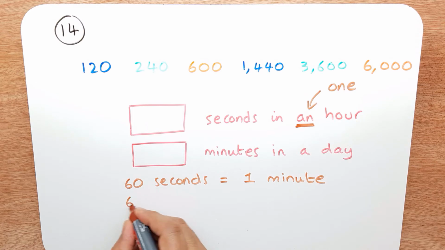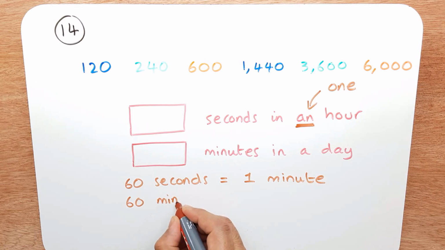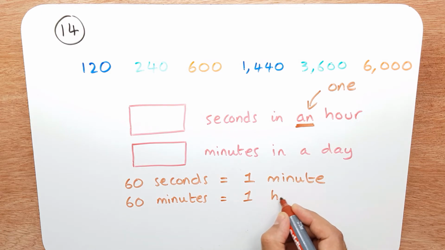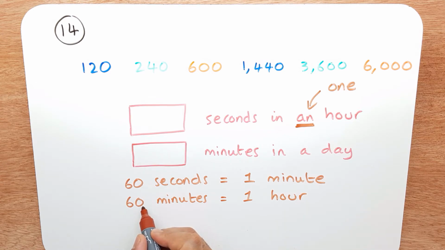And we have 60 minutes in 1 hour. So our calculation is 60 times 60.